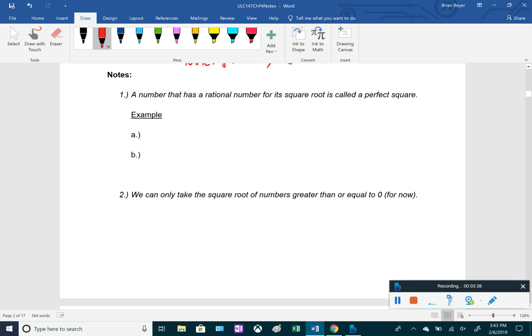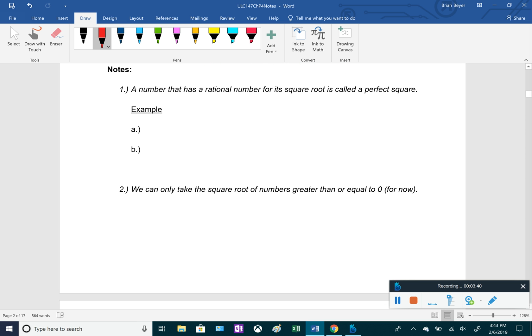Okay, and then a couple other important notes here, some terminology that we'll be using. A number that has a rational number for its square root is called a perfect square. So for example, 64 is a perfect square. It's a perfect square because a rational number squared equals it, which is 8. 8 squared equals 64.